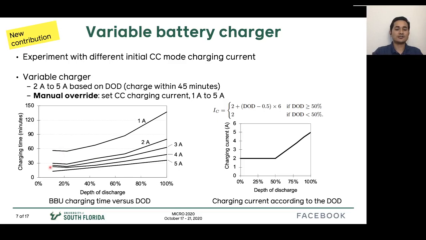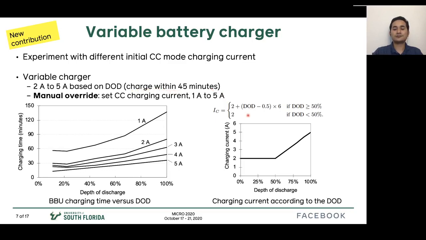We found that the charging time increases as we decrease the charging current or increase the battery depth of discharge. We come up with a formula to select the initial charging current based upon depth of discharge, such that we charge the battery within a constant time. In our case, we choose 45 minutes.